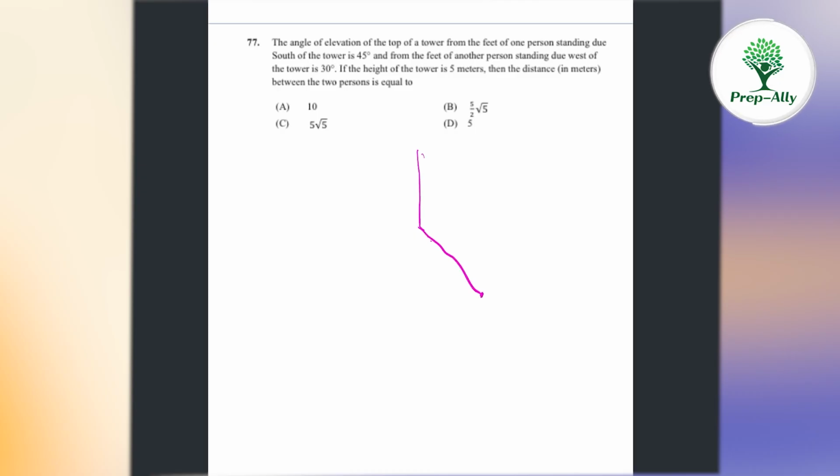The angle of elevation is 45 degrees, and another person standing due west, the angle of elevation is 30 degrees, and the height of the tower is 5 meters. What are we being asked? The distance between these two people.